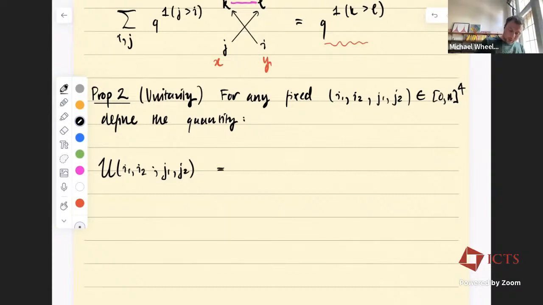I'll have one line that goes straight, and then the other line is going to cross the first in 2 places, like this. What's happening now is we're concatenating 2 vertices. There's one living here and another one living here.